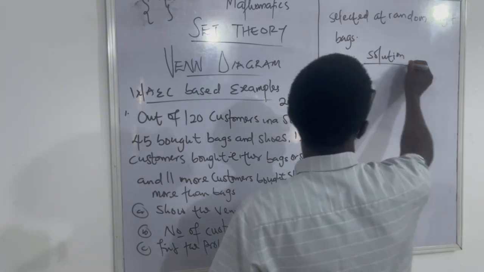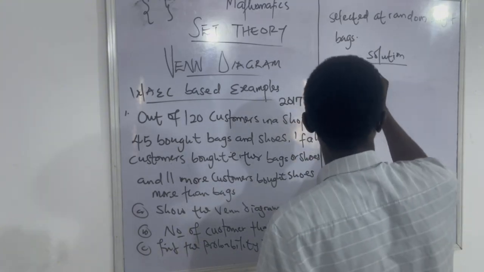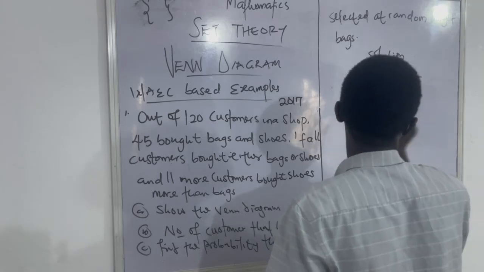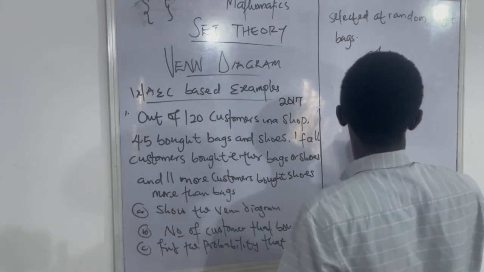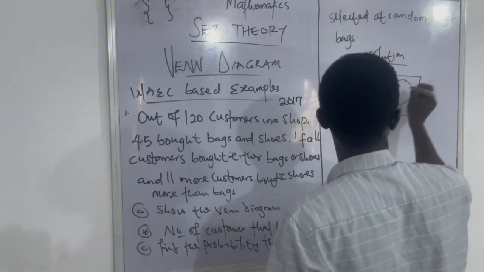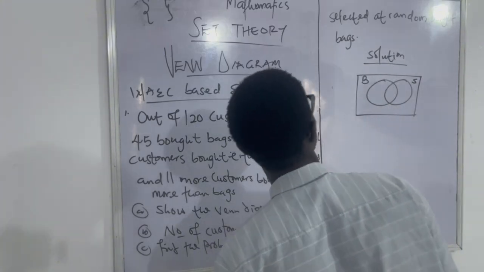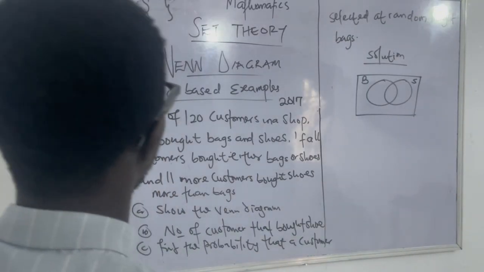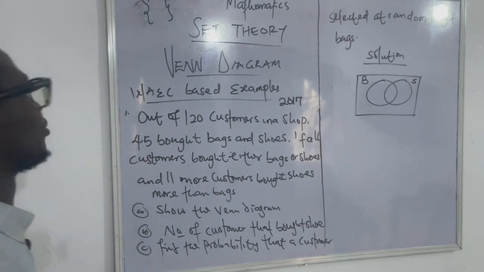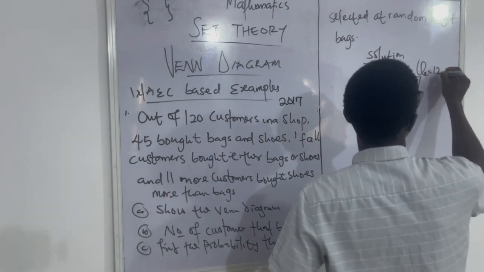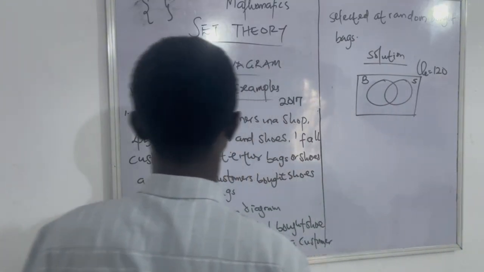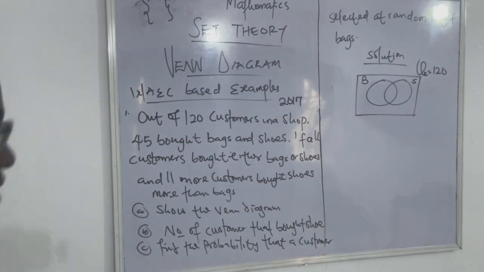Solution. So let's represent the Venn diagram, bags and shoes. So it's just 2 inputs, bags and shoes. So now we know that universal set is 120.